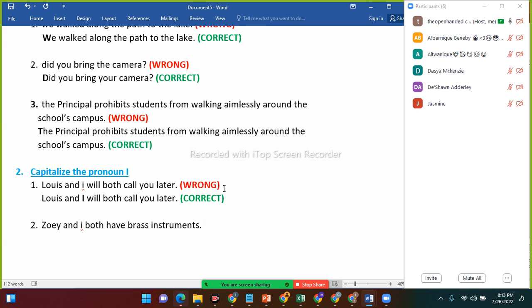So this is wrong because obviously the pronoun I is not capitalized. What's correct is if we say, Zoe and I, capital letter, both have brass instruments.